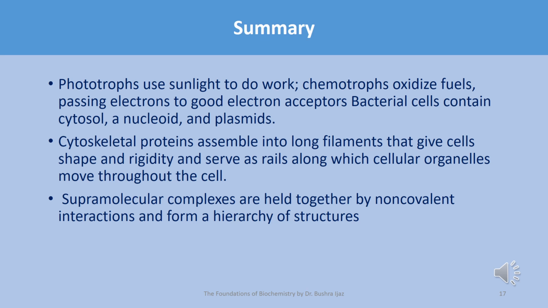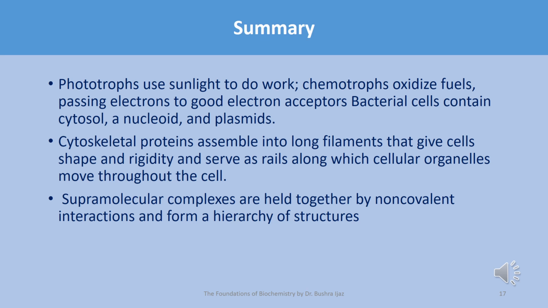Eukaryotic cells have a nucleus and a multi-compartmented segregation for certain processes and specific organelles, which can be separated and studied in isolation. We have looked at the structure of the protein assembly in the form of a figure, and we know that cytoskeletal proteins assemble into long filaments that give rise to the shape and rigidity and serve as a rail along which cellular organelles move through the cell.